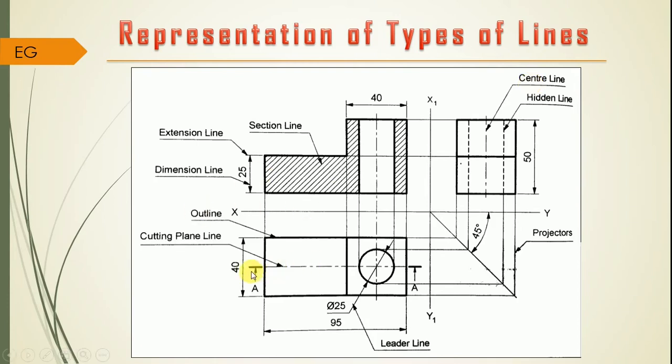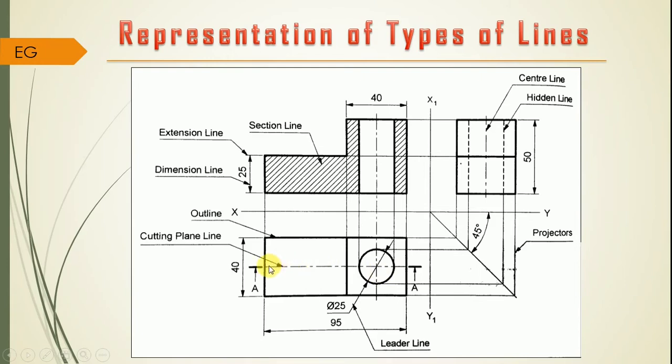Then next to it, as we cut the object over here, you have the cutting plane line representation. So this is the cutting plane line. It is in the fashion of long short, in the same way as the chain thin line, but its ends, this left hand end and this right hand end, both the ends are thicker, with the thickness of 0.5 mm.